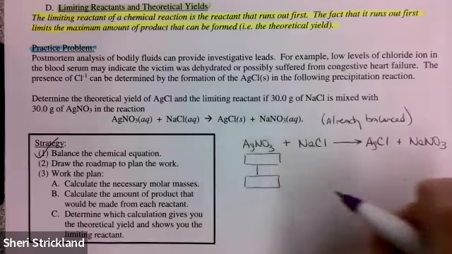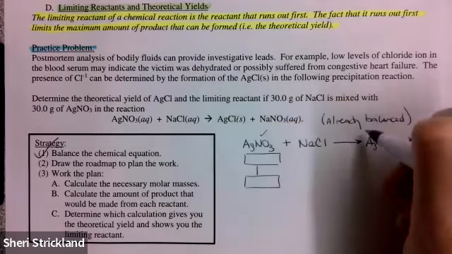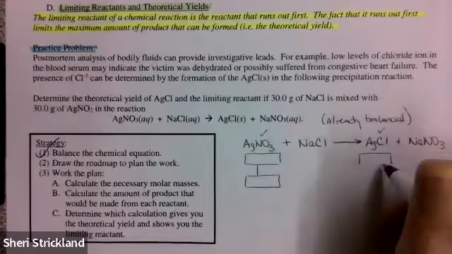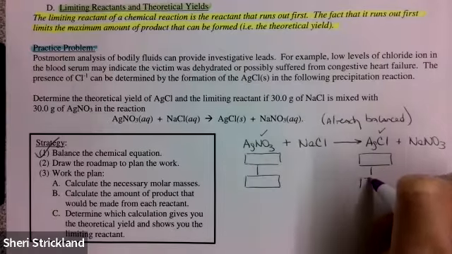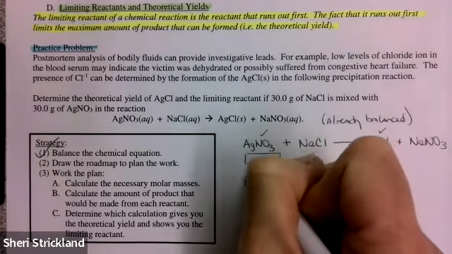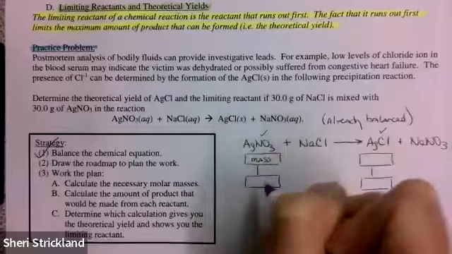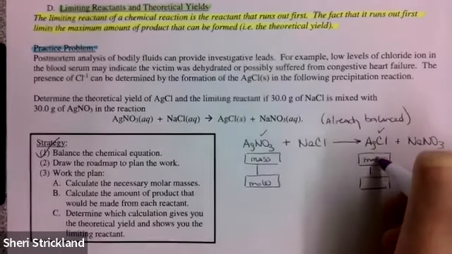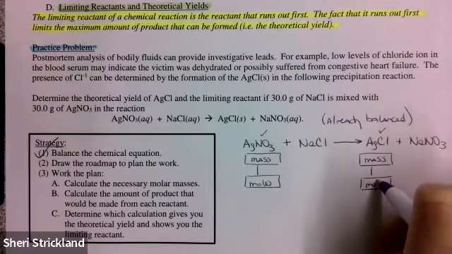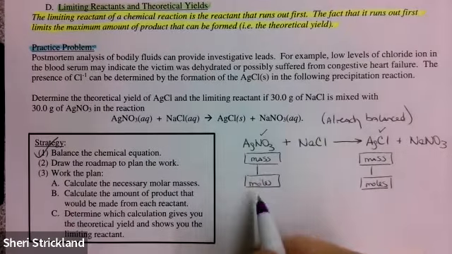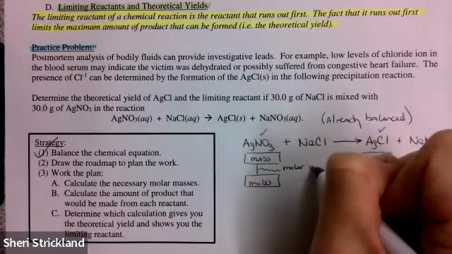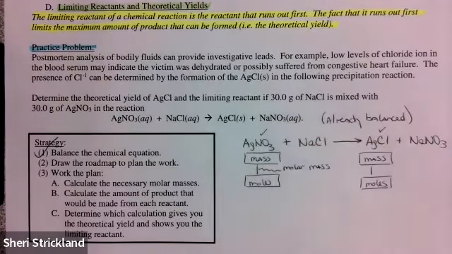So I would put 2 boxes under the 2 substances that I'm interested in, connected by a line. And the top one represents mass, and the bottom one represents moles. And you can get between mass and moles if you know the molar mass of either compound. So you can do that for silver nitrate.